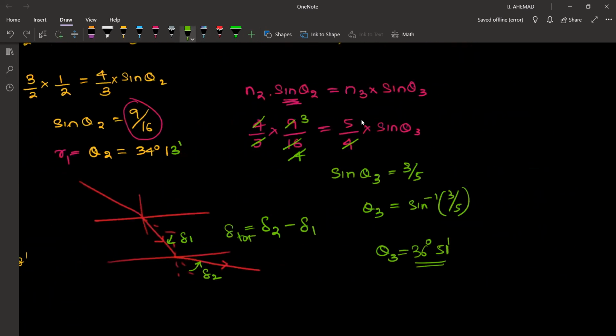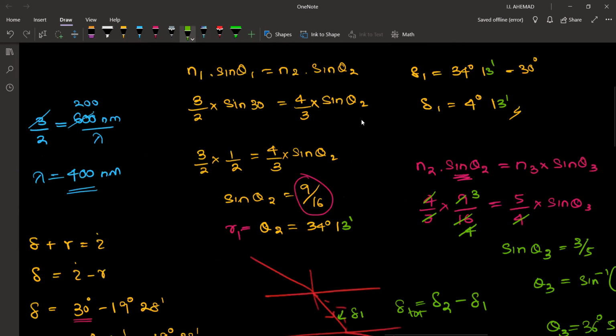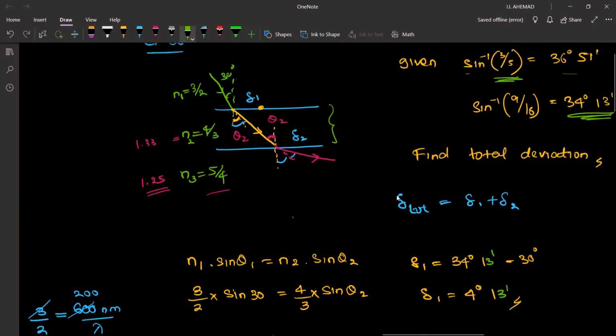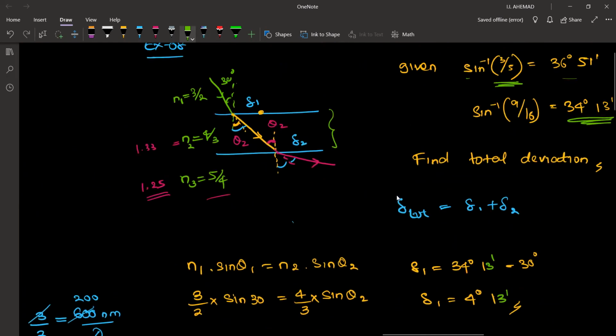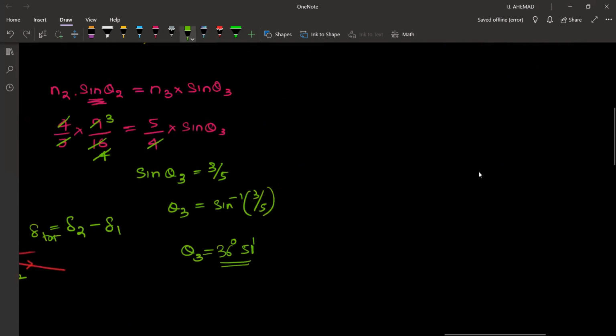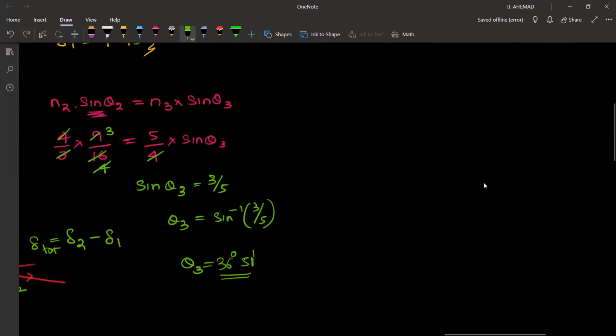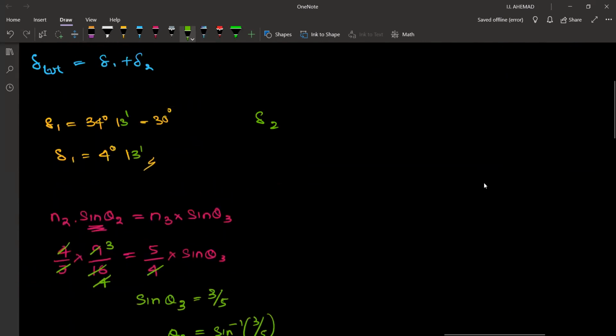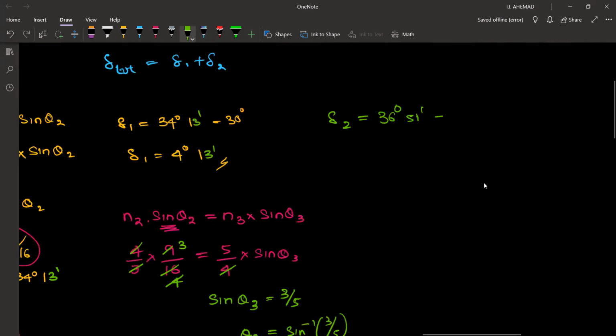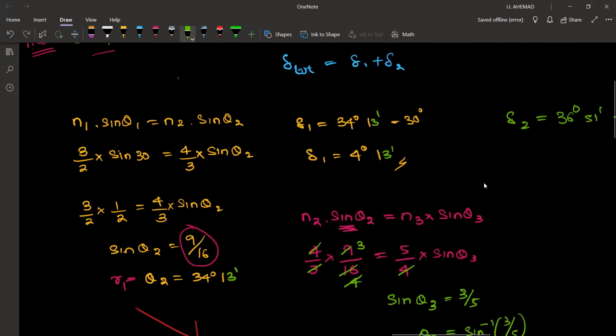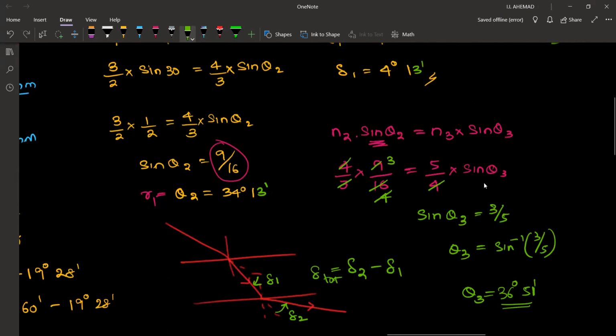So how to find the deviation here? Again, it will be r minus I. Here it's r minus I, therefore delta 2 is 36, 51 minus theta 2, that is 34, 13.